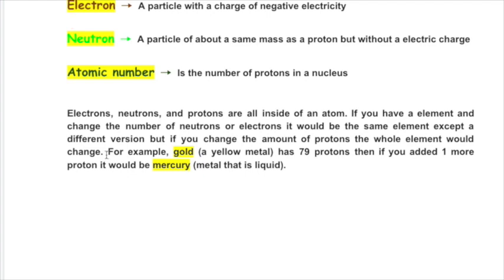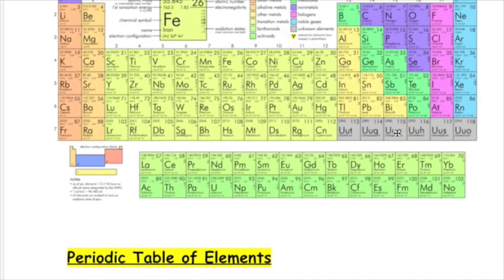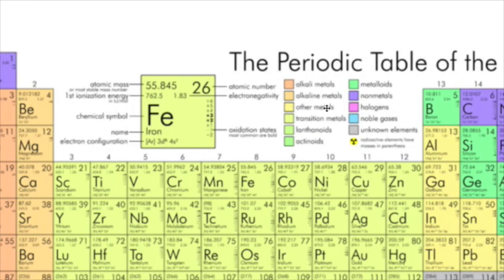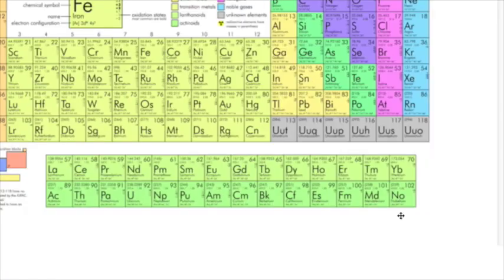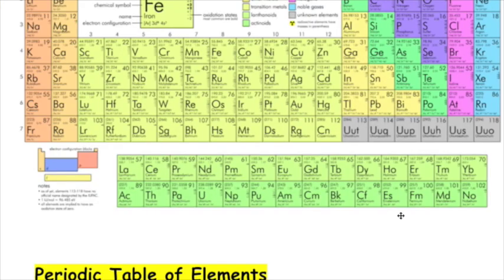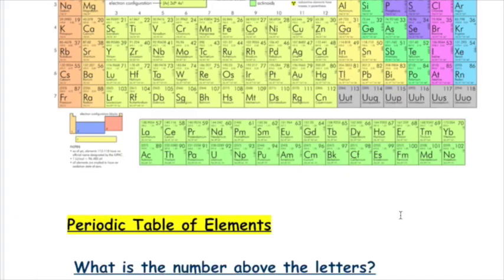And here's an example. Gold, a yellow metal, has 79 protons. If we have gold and we add one proton, it will be Hg. Now I don't know for sure what Hg is, because if I zoom in I can't see it, but I think it's mercury. I think I memorized it because I always look at the periodic table.